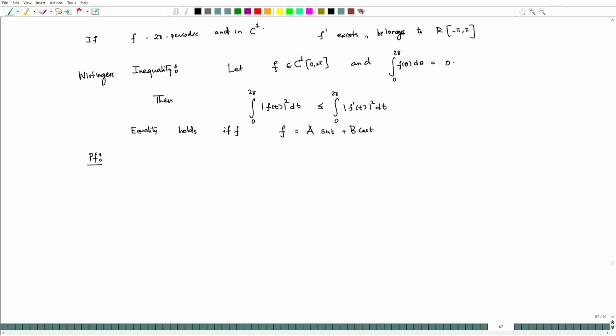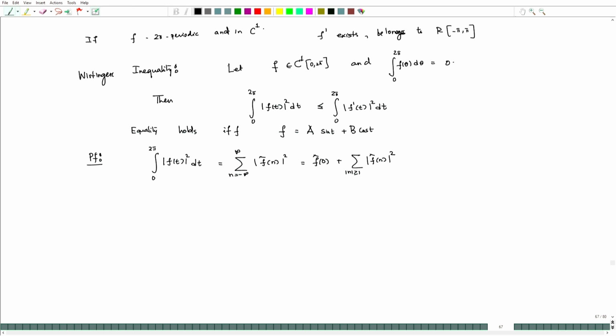Now I start with the integral 0 to 2 pi of mod f of t square dt. By Parseval identity, I know that this is equal to the sum over n from minus infinity to infinity of mod f hat of n square, which I can write as mod f hat at 0 squared plus the sum over mod n greater or equal to 1 of mod f hat of n square.